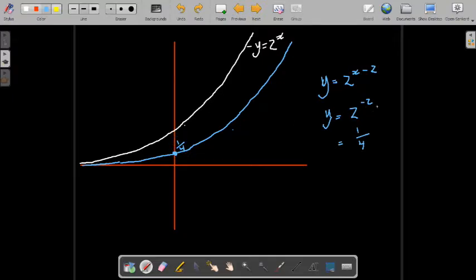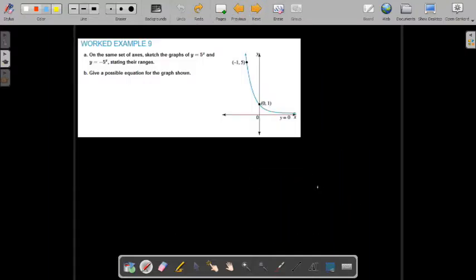So basically this minus 2, our h shifts it left or right. And we've had a look at all these before, so it's just a quick little refresher. So it might help to have a look at some more examples.